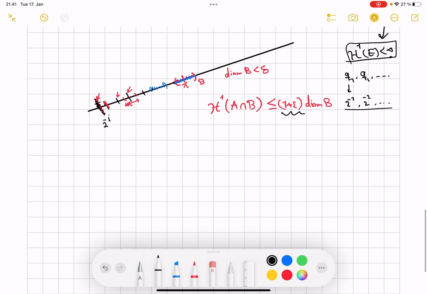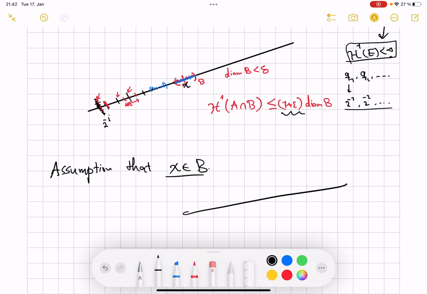And last but not least, I want to emphasize this assumption that X belongs to B. Why would you want B to necessarily contain X? For example, in this picture, you have this X, the ball is not centered at X, but we require that it contain it.